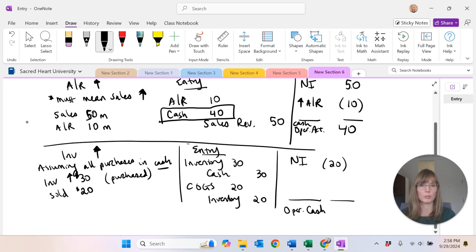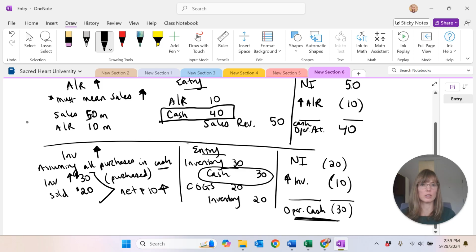So how do we have an increase in inventory of a net 10? How did we get there? We have to decrease inventory by 10 to get to this negative, or cash outflow, that ties to this journal entry here.